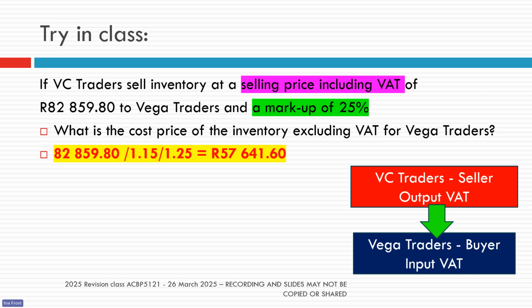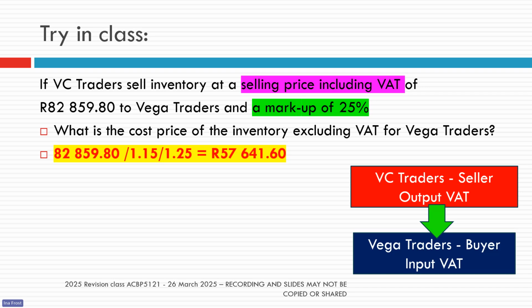You could also have used the "what you want over what you have" formulas, which would have worked out perfectly. You could also have divided first by 1.25 and then by 1.15. It wouldn't have made a difference in this instance. Either way, you would have got to the final answer.